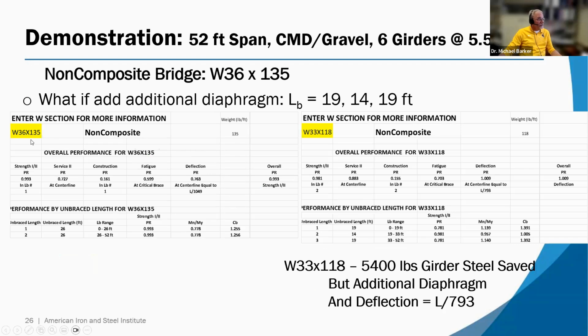And we see instead of a W36 by 135, it goes down to a W33 by 118. That's 5,400 pounds of steel I saved by playing this what if game. But of course, I do need that additional diaphragm. But I can do that in just a matter of moments.